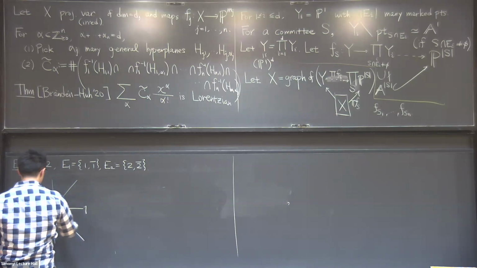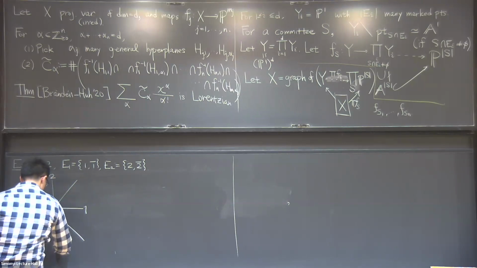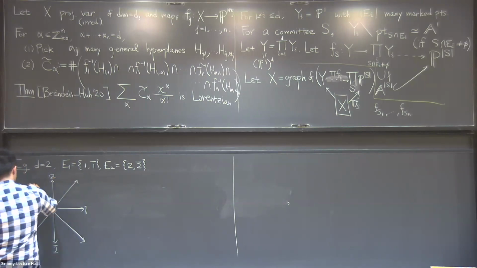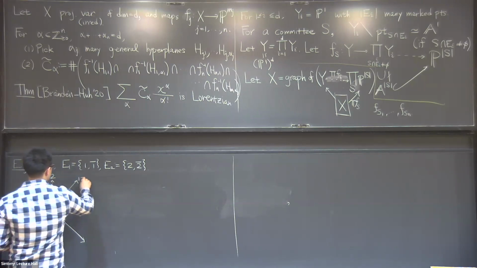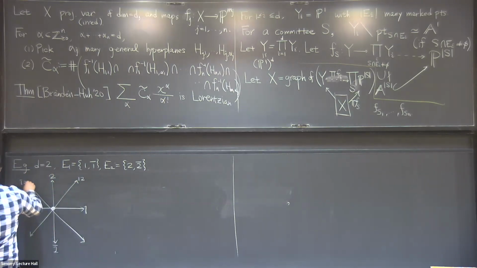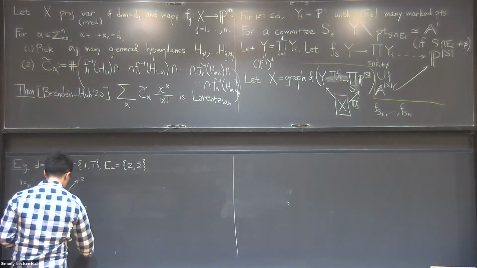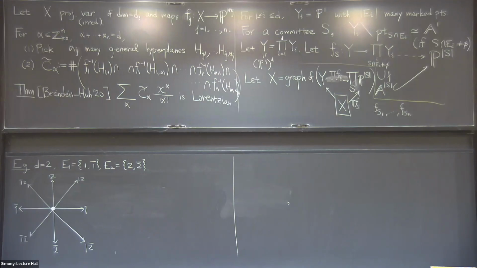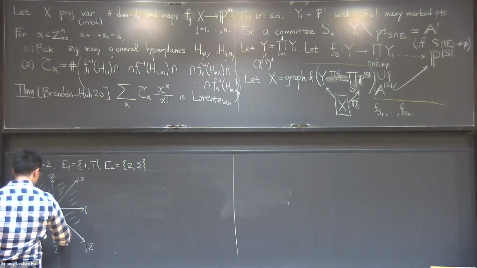Here is 1 bar, 2 bar, and here's 1, 2, 1 bar 2, 1 bar 2 bar, and 1 2 bar.